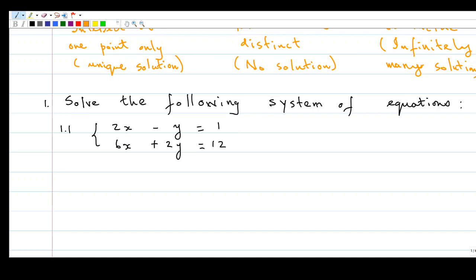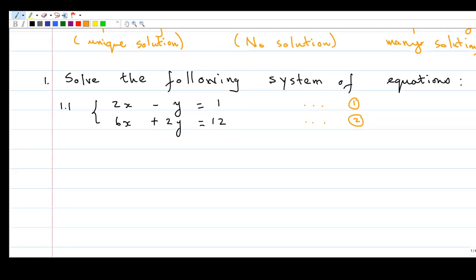The other thing is we could eliminate one of the unknowns and then find the remaining unknown and then go back and find the unknown that you eliminated. So let's call this equation 1, this equation 2. I'm going to follow that procedure. If I want to eliminate y, then I need to take equation 1 and multiply by 2.